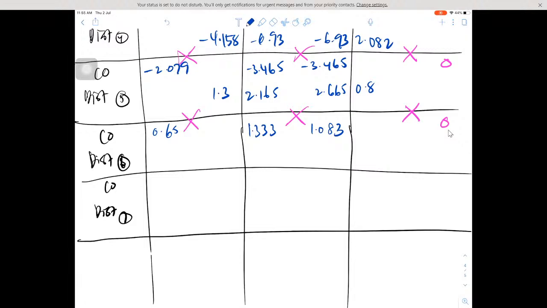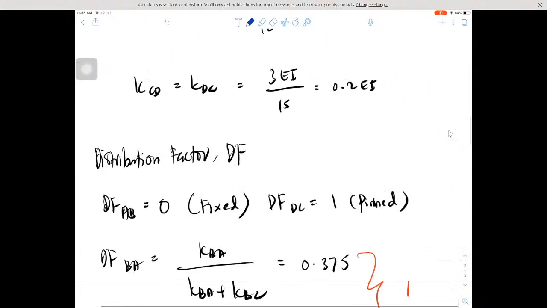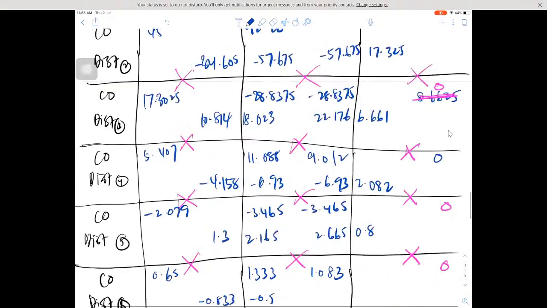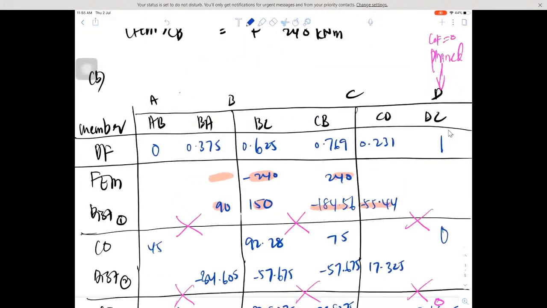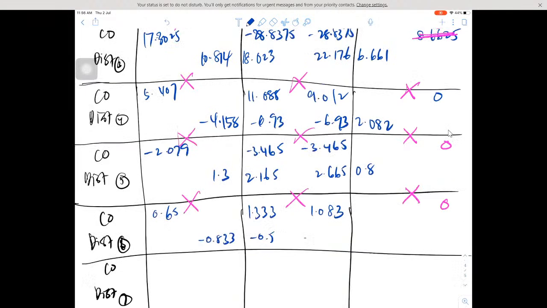Distribution again: 1.333 times 0.625 is negative 0.833, and 1.083 times 0.769 is negative 0.833, negative 0.25.